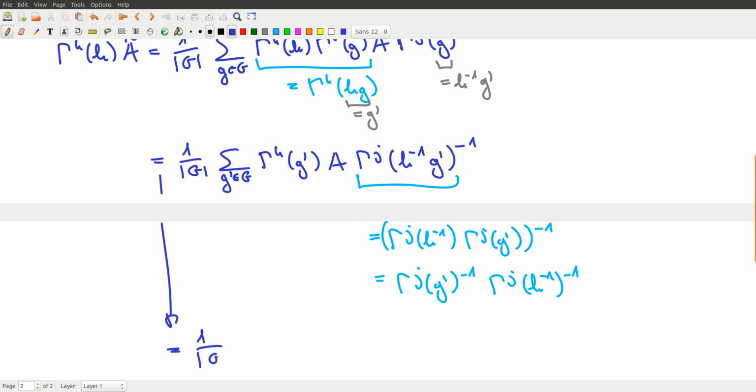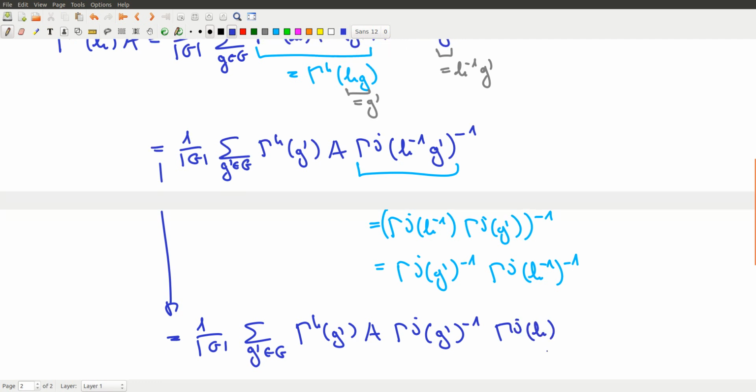because now this whole thing here reads sum over all group elements normalized by the order of the group, gamma k of g prime, A, gamma j of g prime inverse, and gamma j of h.